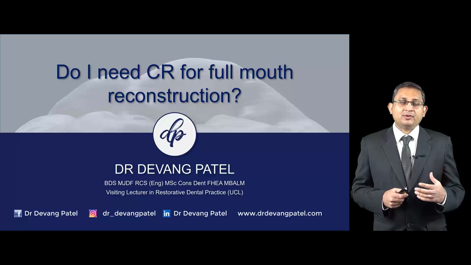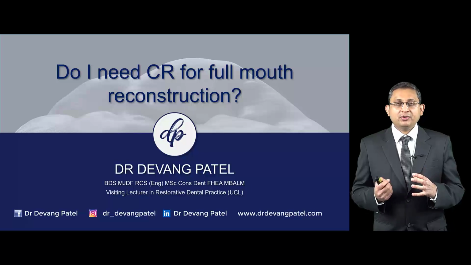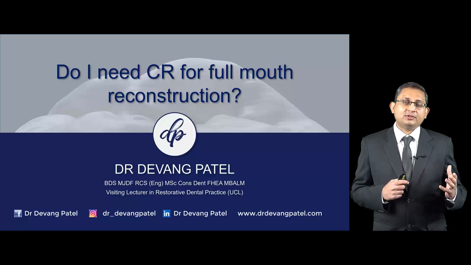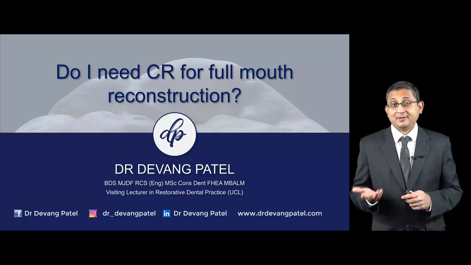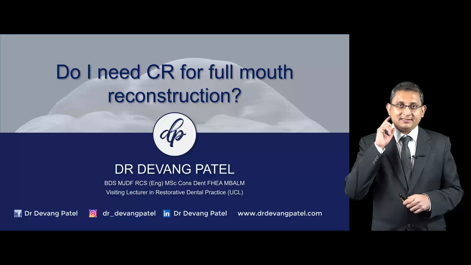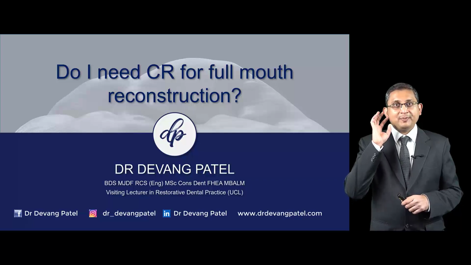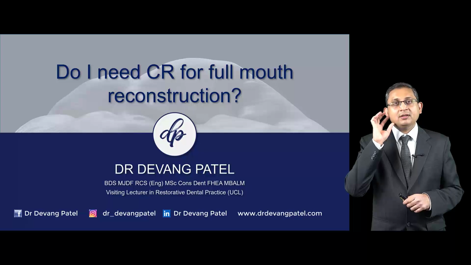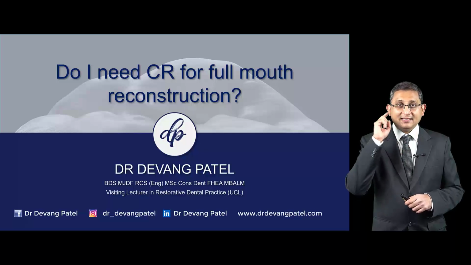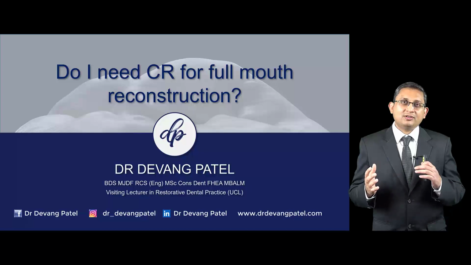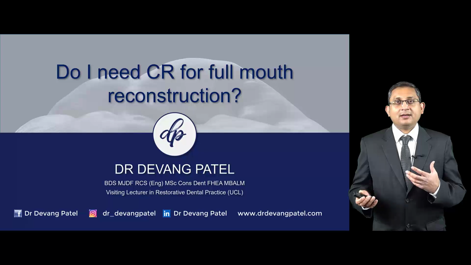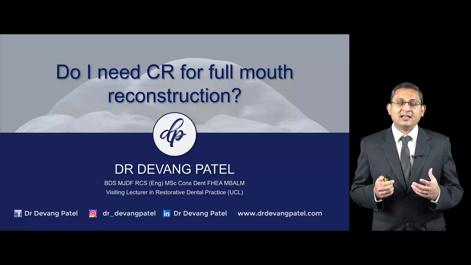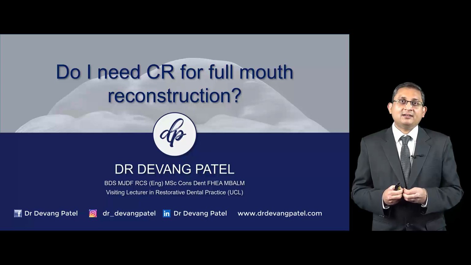I personally restore patients from CR to CO, because if I'm not sure of a patient's adaptive capabilities, then I would limit myself to restoring patients in CO. When the patient is in centric occlusion and you restore all the teeth in that centric occlusion, you're not asking the patient to adjust too much, and because of that it is much easier for the patient to adapt to that height.